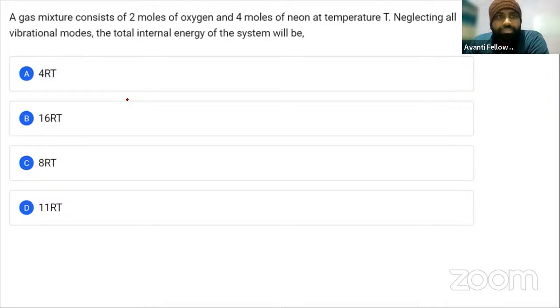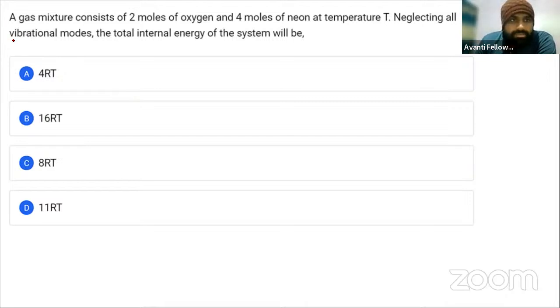In this question, a gas mixture consists of 2 moles of oxygen and 4 moles of neon at a temperature T. Now, neglecting all the vibrational modes, what is the total internal energy of the system?